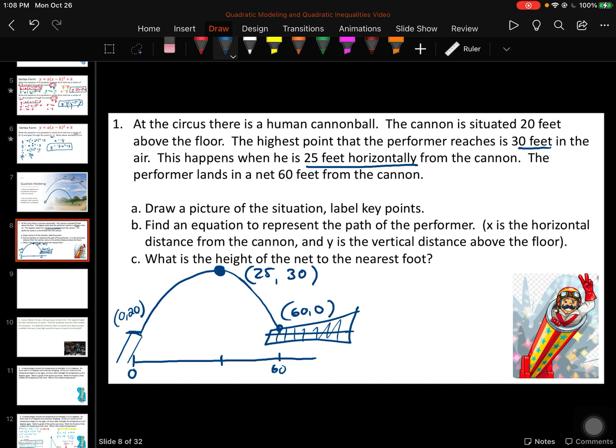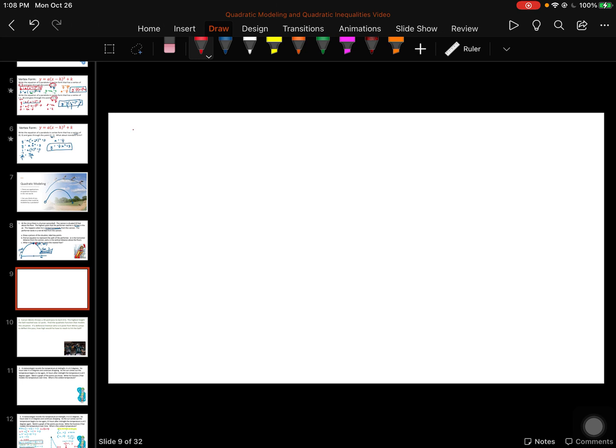Find an equation that represents the path of the performer. Well, if we think back and we want to write an equation, we should probably do it in vertex form. We don't know that y value, so I'm going to say here's my vertex, and we also need another point. I'm going to skip ahead to this blank slide real quick. My vertex is 25, 30.